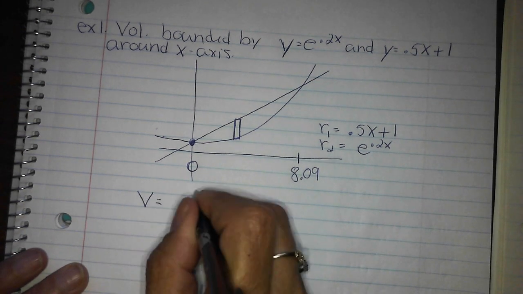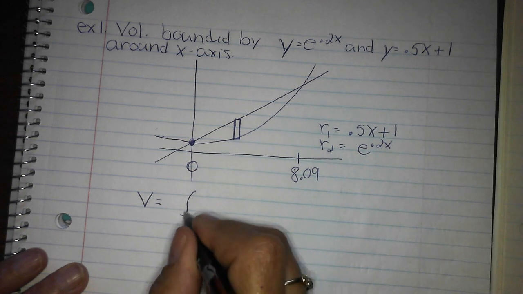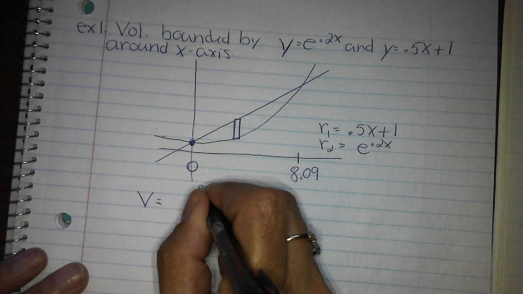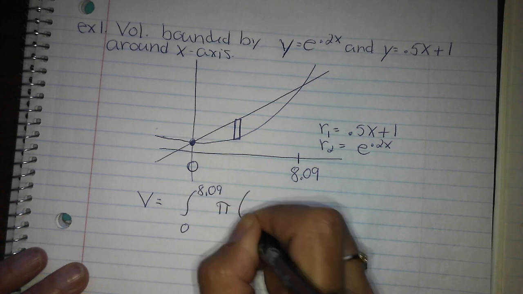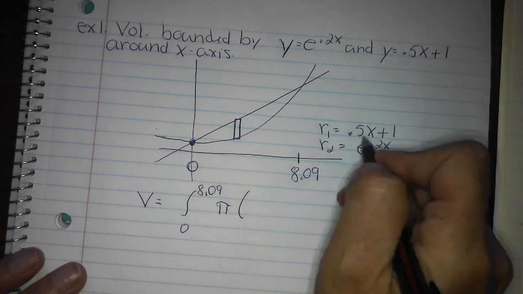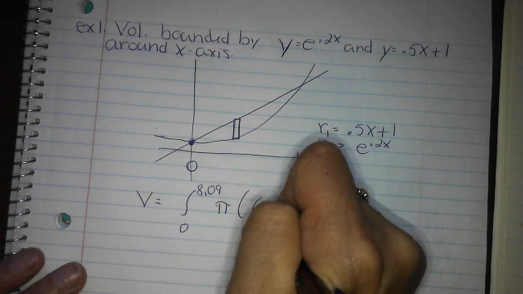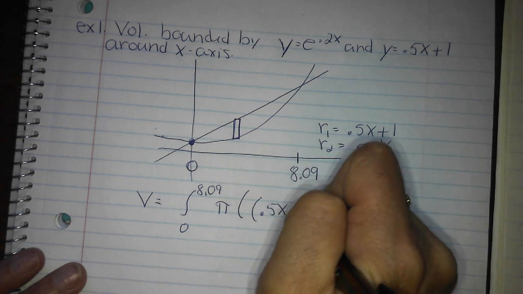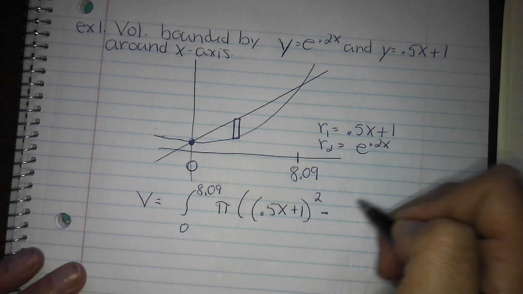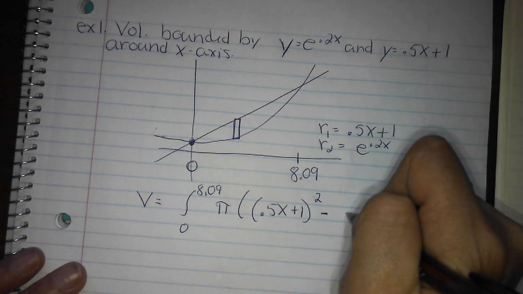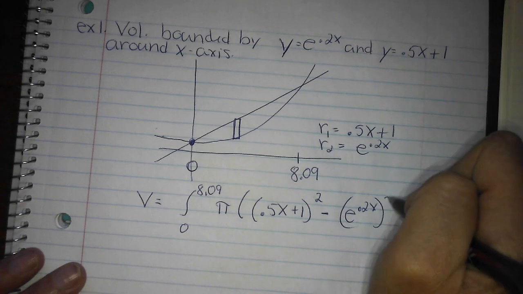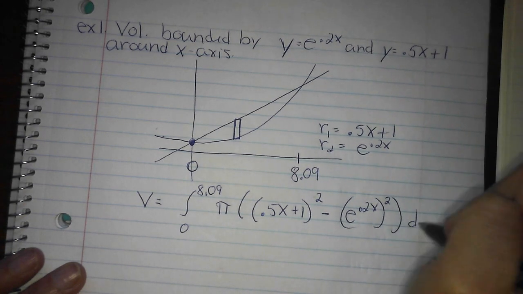So the volume can be found by doing the antiderivative from 0 to 8.09 of pi. I need R1 squared. So that's a binomial, so I need to put it in parentheses. Minus R2 squared, e to the 0.2x, the whole thing squared, dx.